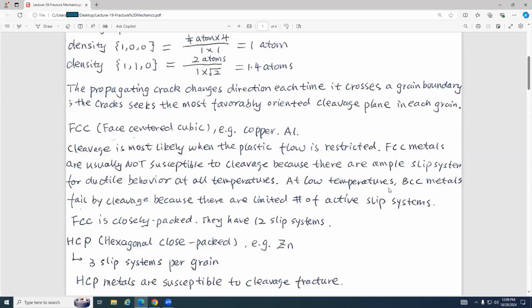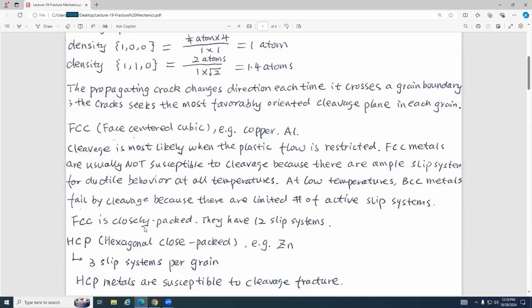At low temperatures, BCC metals fail by cleavage because there are a limited number of active slip systems. Slip means they can have some dislocation. If there is no dislocation movement, then it will cleave.